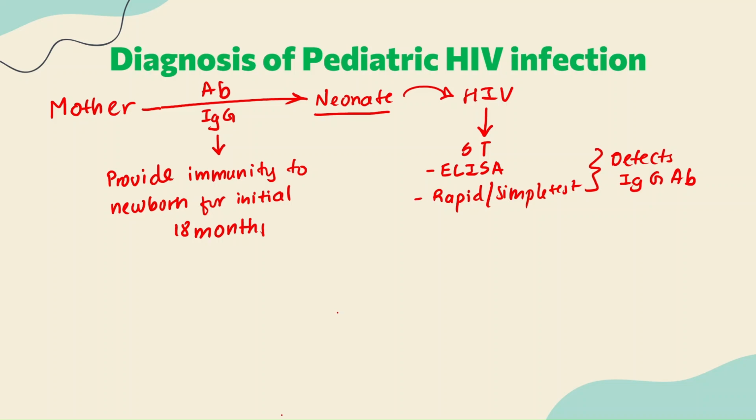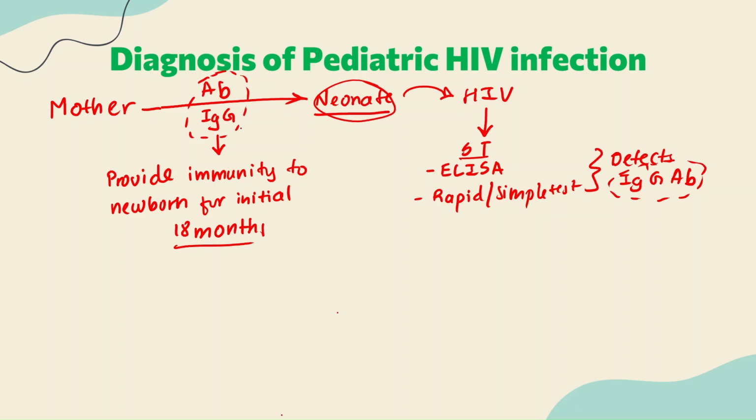Now pay attention to this. Suppose there is a neonate who is less than 18 months, and I'm performing this screening test for HIV detection in such a newborn baby. What will happen, guys? Take care. In a neonate, you have this maternally transferred IgG antibody, and the baby would also have his or her own IgG antibody, which is developed against the HIV infection.